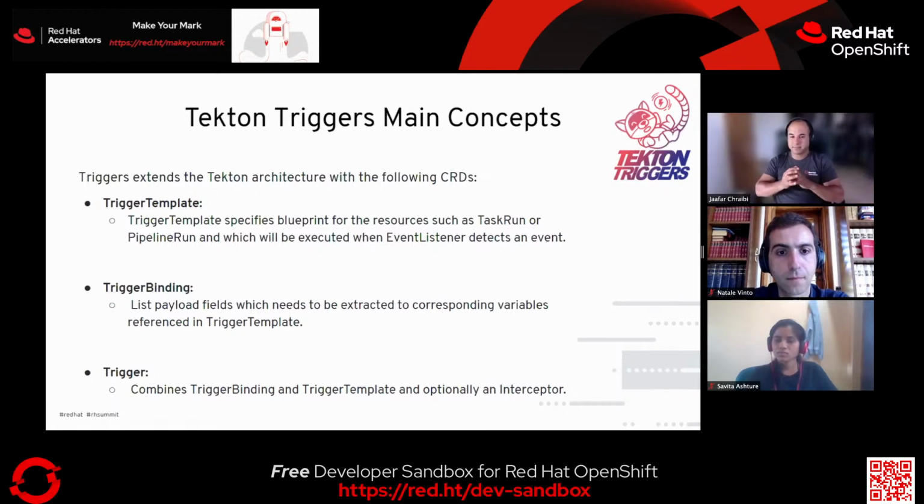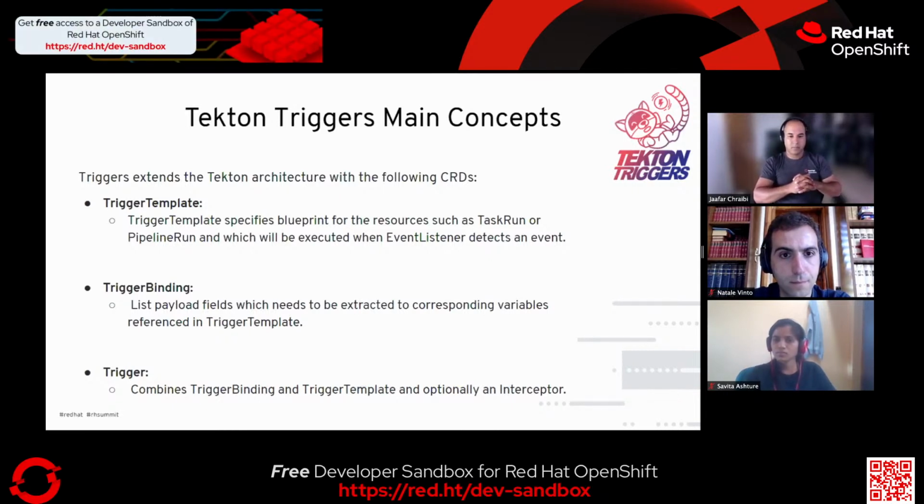If we have a webhook event from GitHub, generally the information will be there in the payload, or maybe some information might be in the header, but generally we use payload fields, and those payload fields are extracted to the parameters defined in the TriggerBinding. A TriggerBinding, I would say, might have, let's say, 10 fields, like commit ID, branch, as well as refs, but we need only the commit ID, let's say.